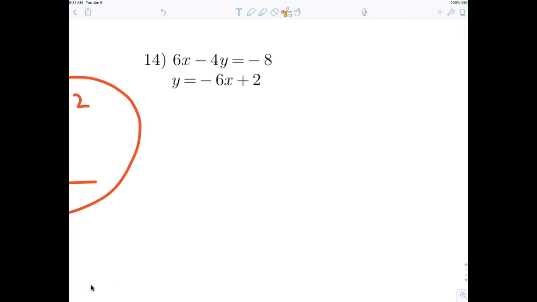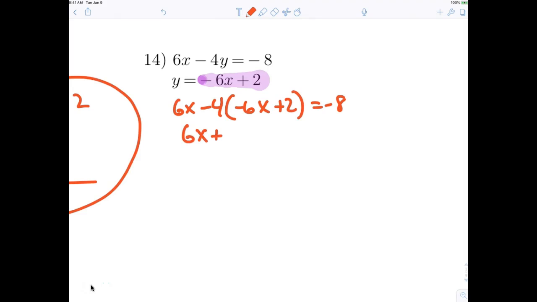All right, here we go. Wherever I see a y, I can put what? Negative 6x plus 2. Everybody good on that? So far, so good?